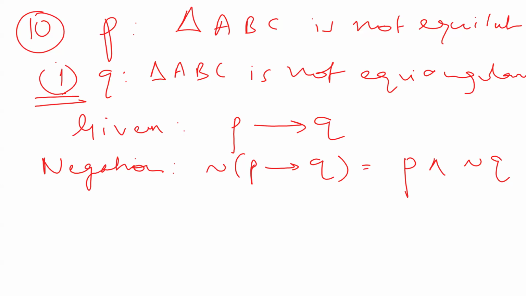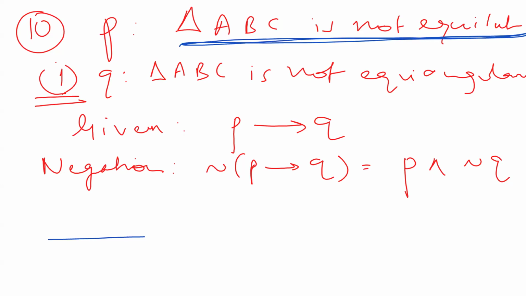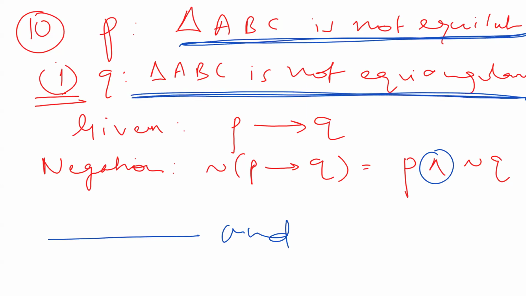Correct. P will remain the same, and negation Q. So Q won't be the same. It will be negation Q. So you write triangle ABC is not, but that is already there, so remove it. What is the opposite? It is equiangular. You have to write this. That's the final answer.